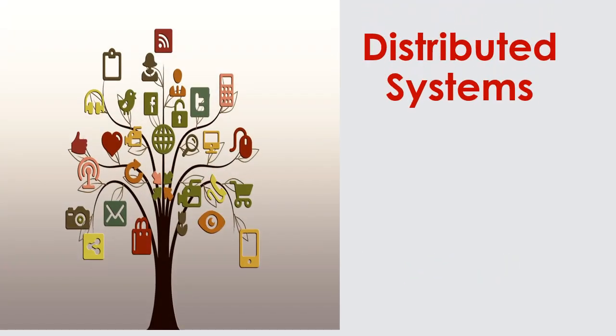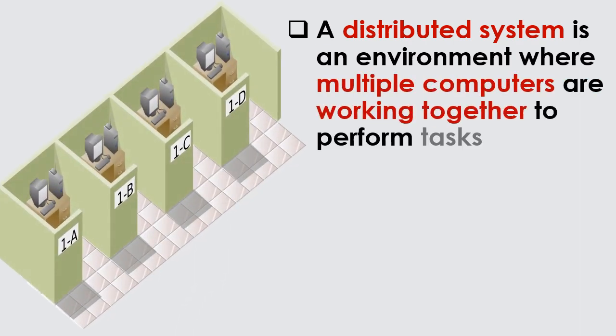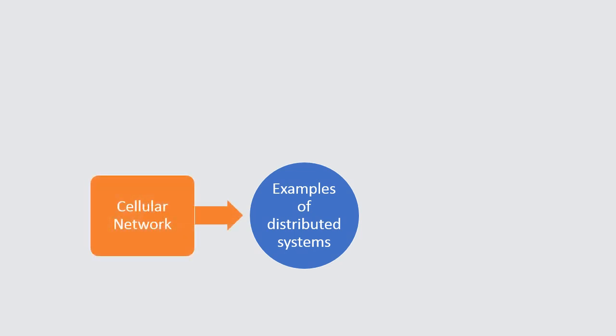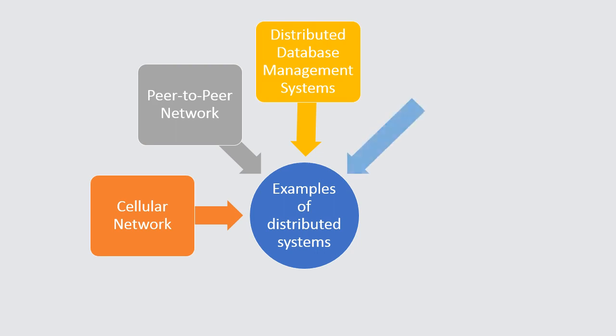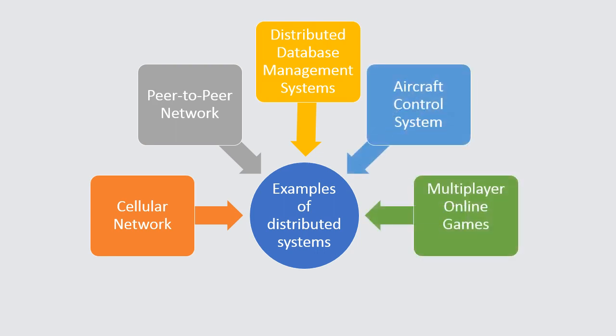Distributed systems. A distributed system is an environment where multiple computers are working together to perform tasks. Examples of distributed systems are cellular network, peer-to-peer network, distributed database management systems, aircraft control system, multiplayer online games.